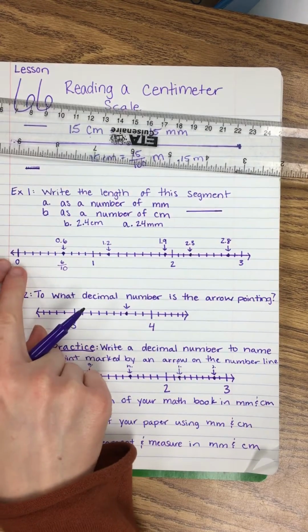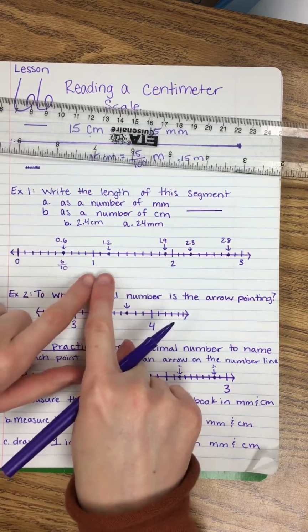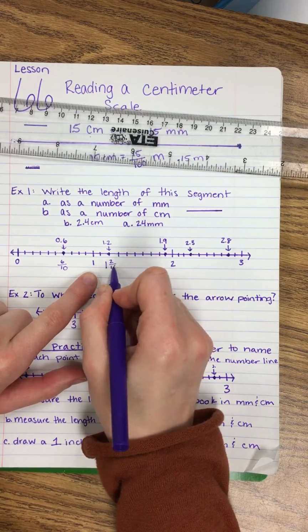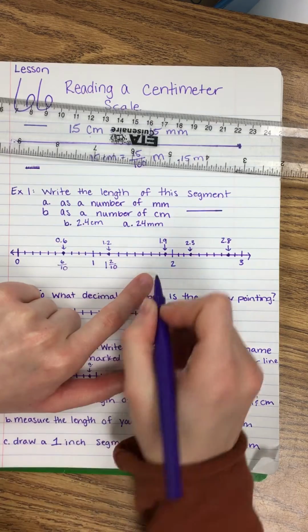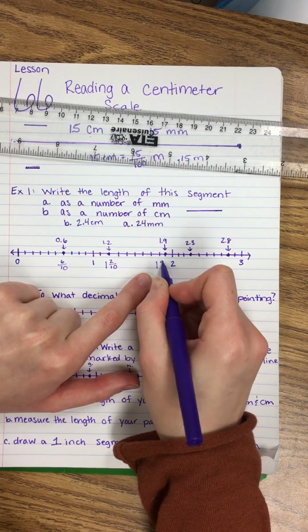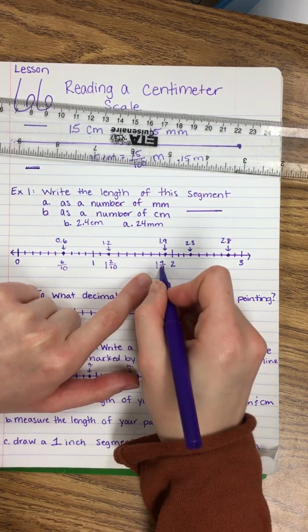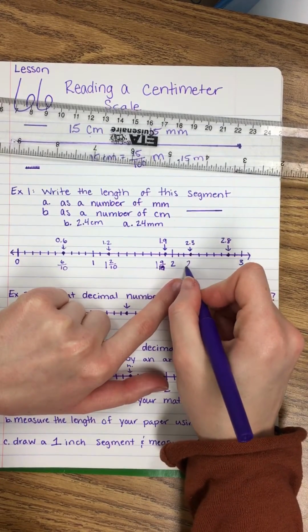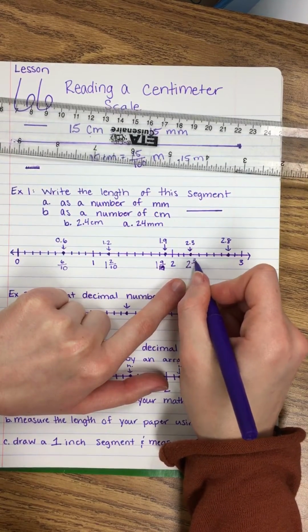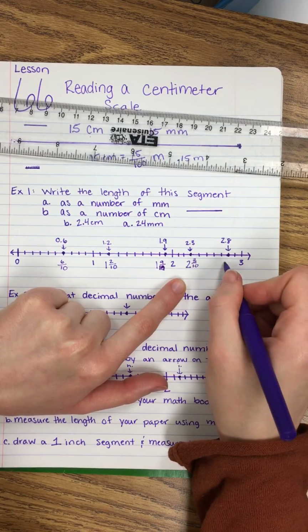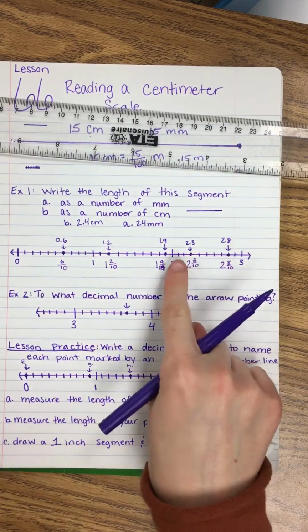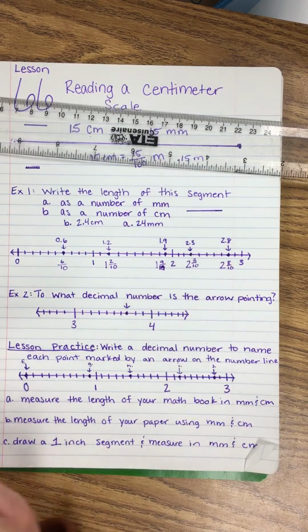And our whole number is 0 because it's not past 1. This one is 1 whole and 2/10. Here it's 1 whole and 9/10. And here it's 2 and 3/10. And here it's 2 and 8/10. It's important that you make sure you have your whole number to go along with that.